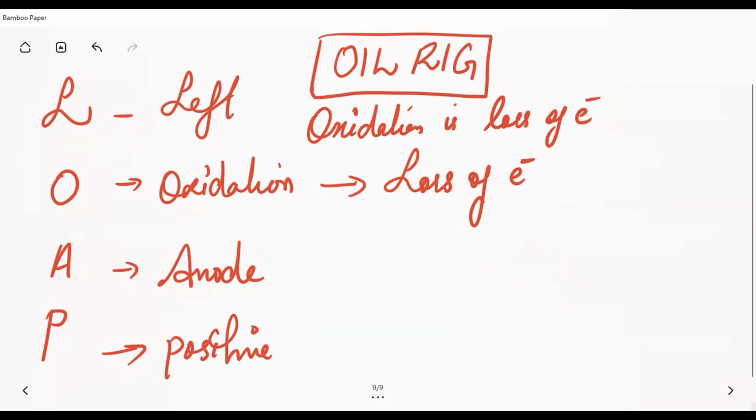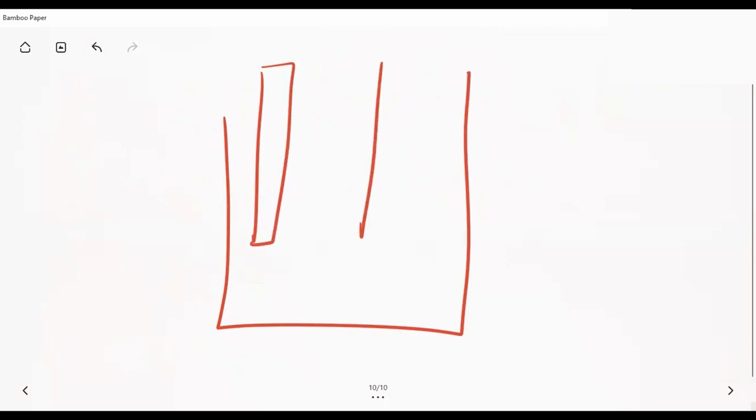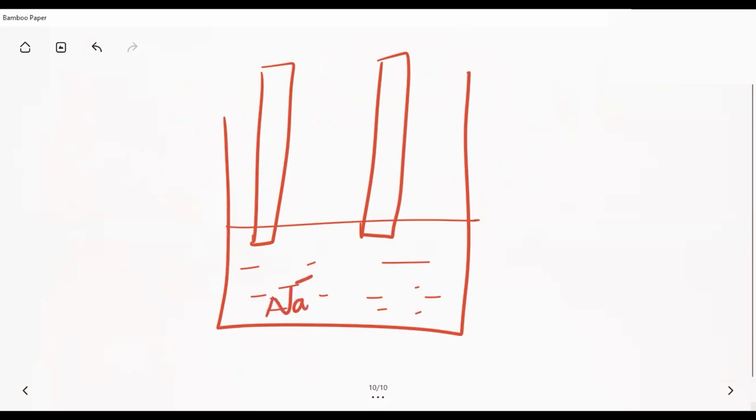Now we have to do the electrolysis of molten sodium chloride. We have taken the beaker, dipped the anode and cathode, and taken molten sodium chloride. It is already melted and has become ions. So what are the different ions present?